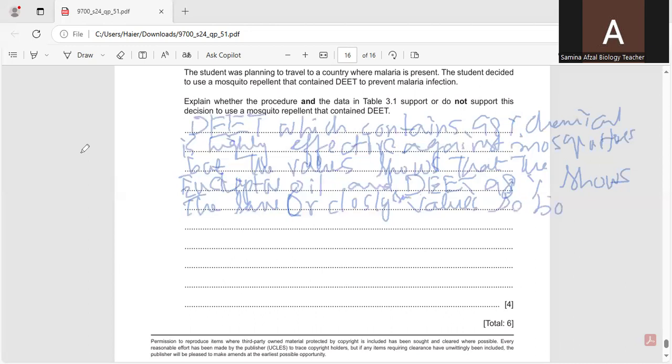So both of them can be equally effective.